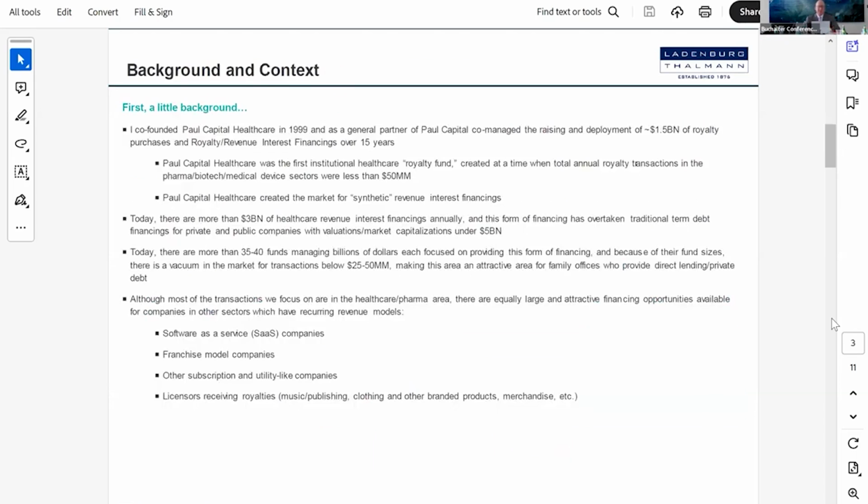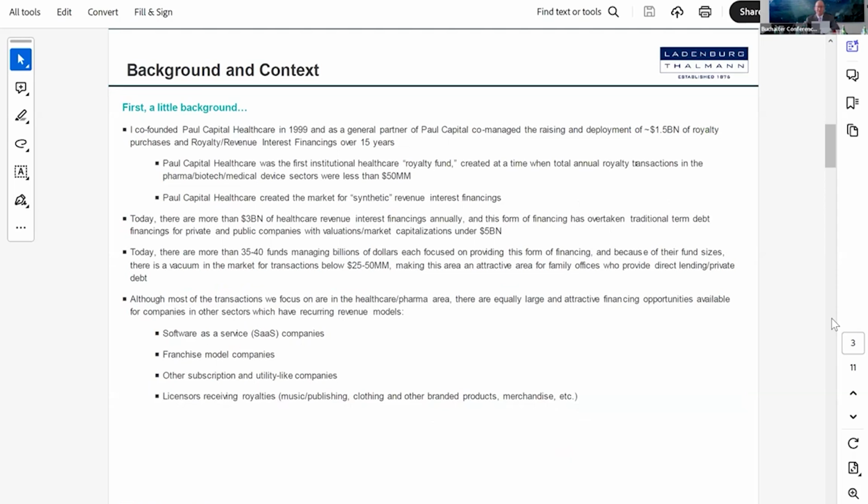Just for context, I've been focused basically 100% of my time on royalty financing for the last 25 years. I co-founded and was a general partner of Paul Capital Partners.